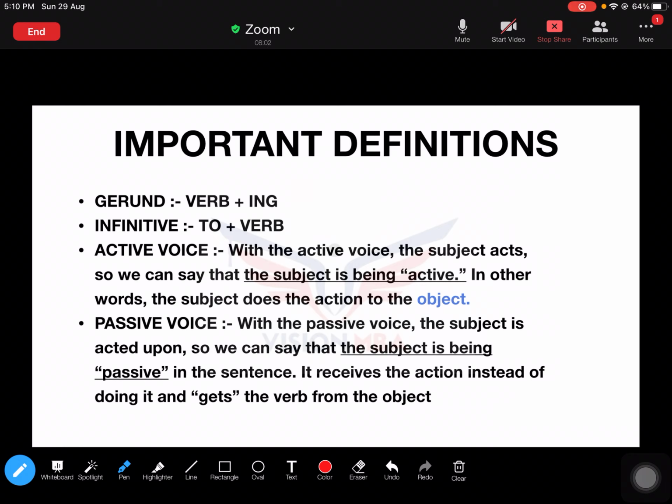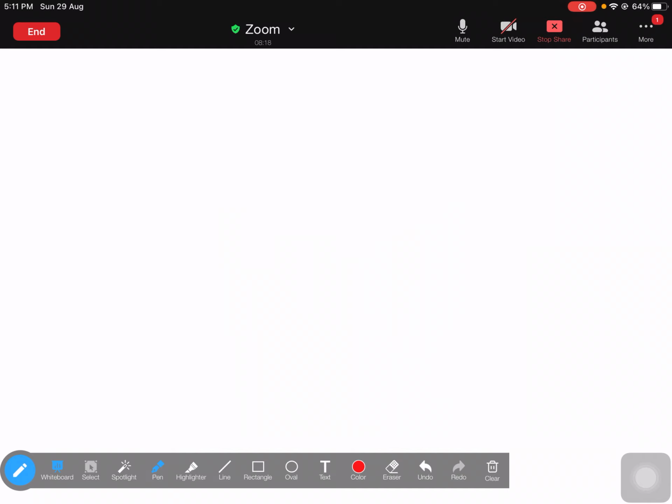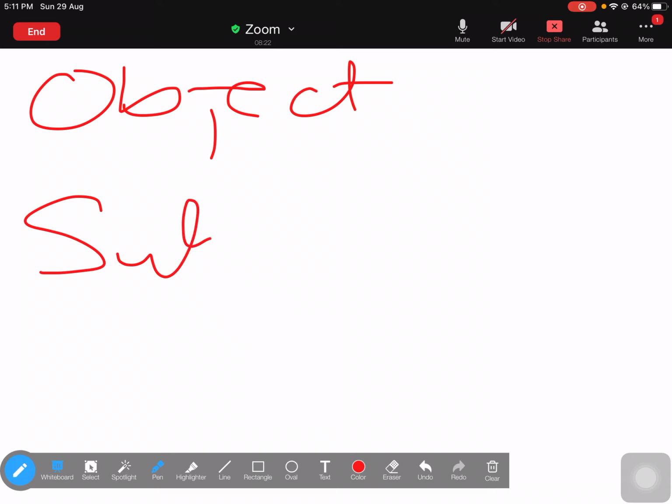What is an active voice and passive voice? In active voice, the subject is being active. In other words, the subject does the action to the object. Now, let me ask you one question. Do you understand the meaning of subject and object? Actually, subject comes first and then the object.